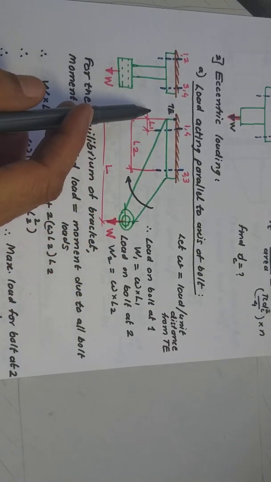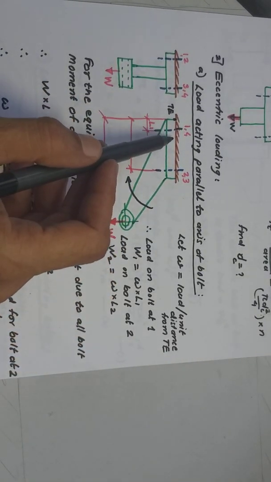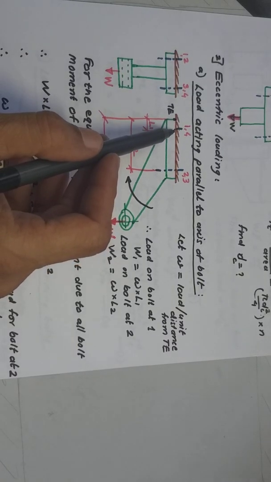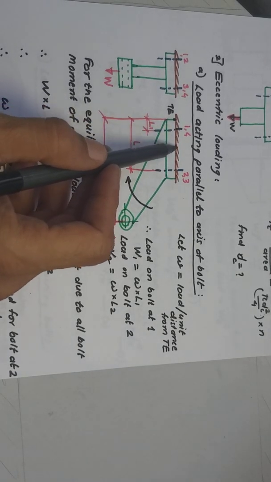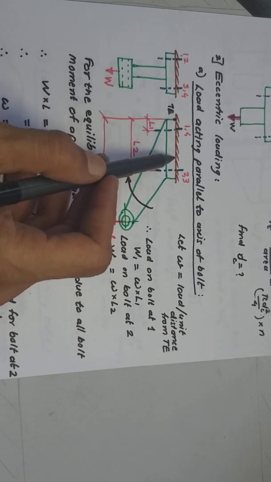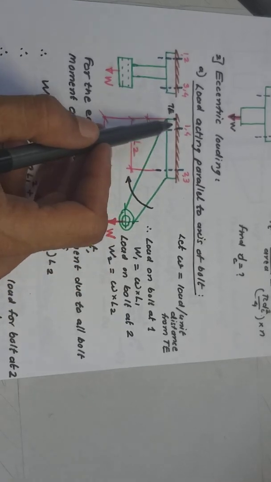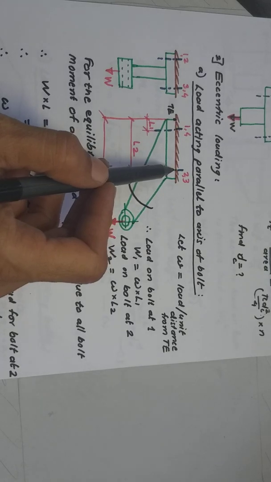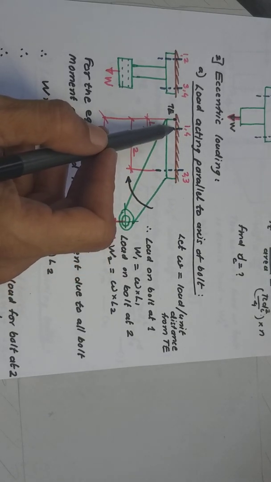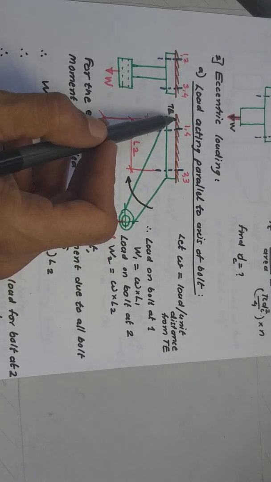Now when this is the case, the load which is carried by each bolt will be given by the distance, because the load is proportional to the distance. Why this happens is because when the bracket is tilted, this particular point will be shifted more, this point will be shifted less, because this is closer to the tilting edge.